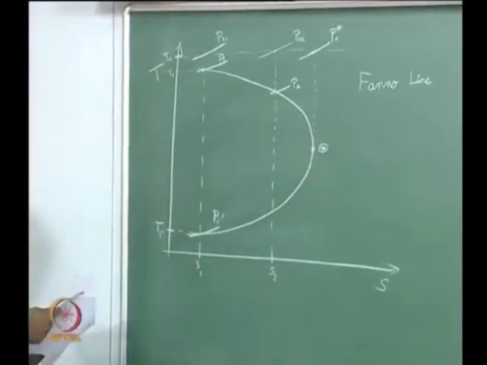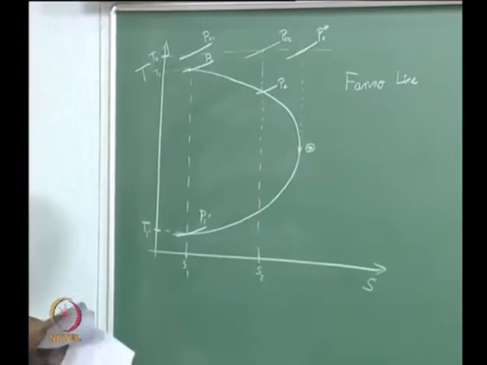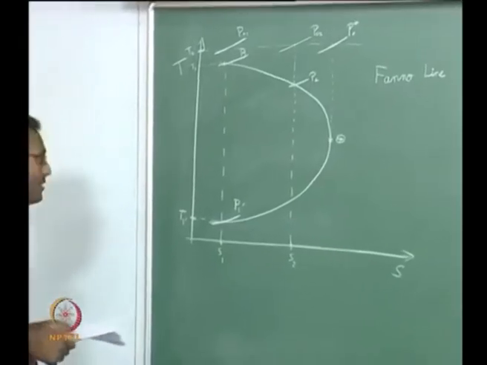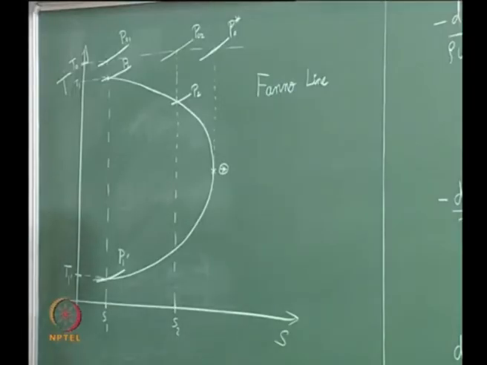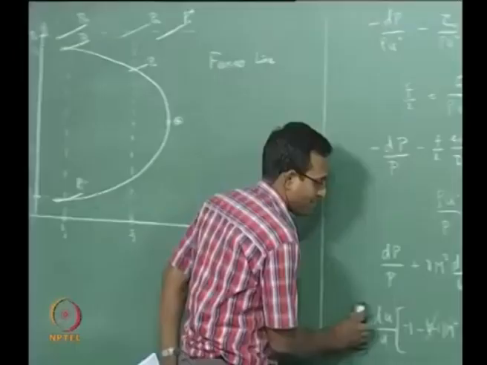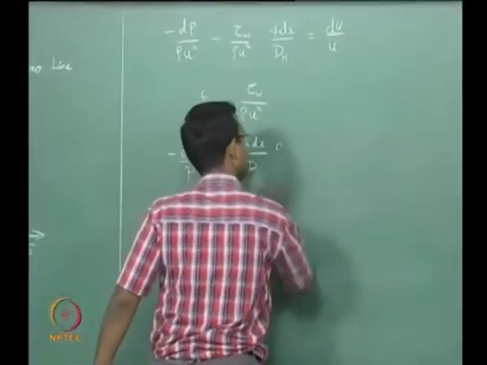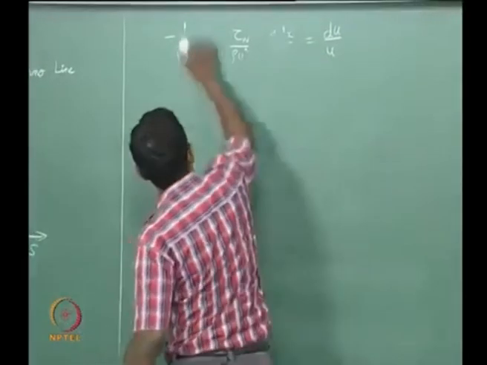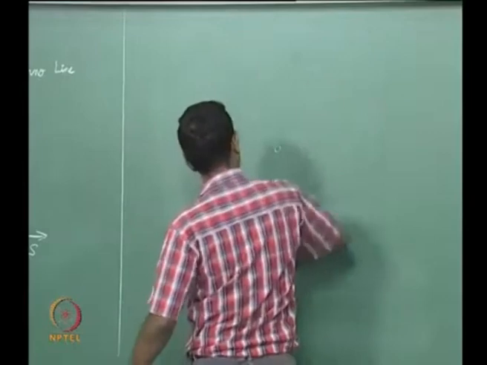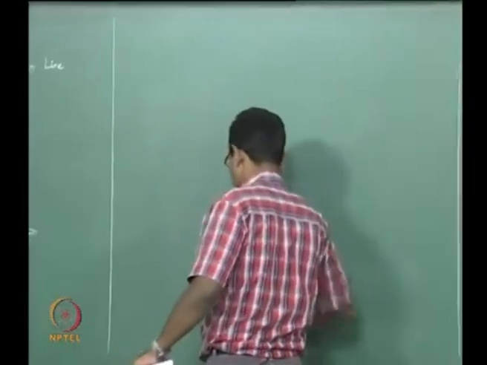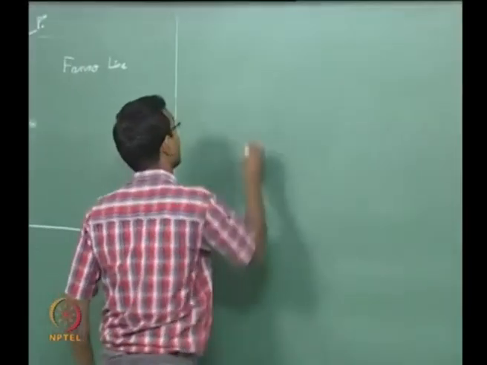Till now we said that there is a point where things will change. What will happen if I have a duct whose length is more than the L star for that inlet Mach number? I want to start from physical feel, then we will go and give math for it. Math is very easy, physical feel is more important.